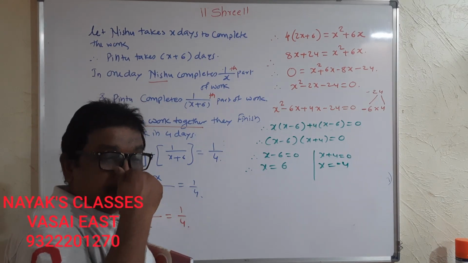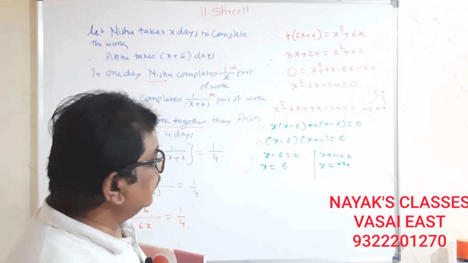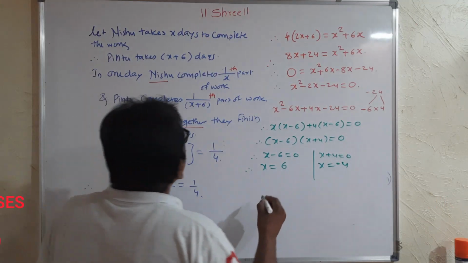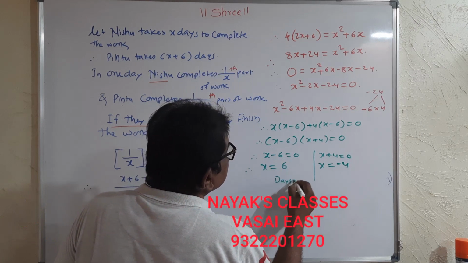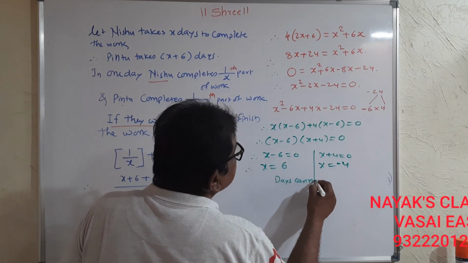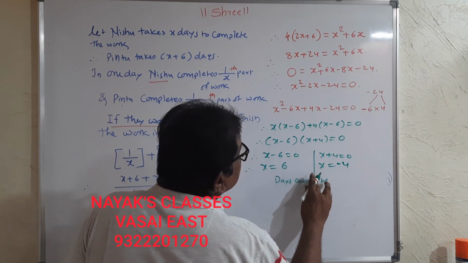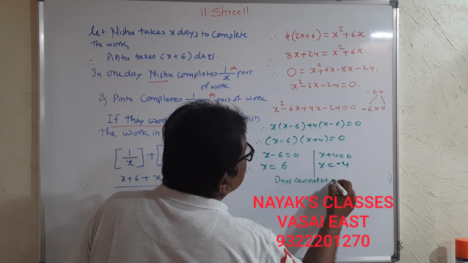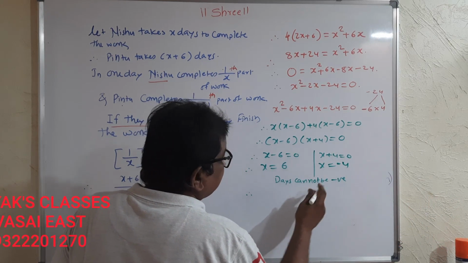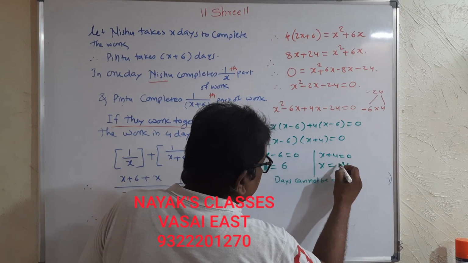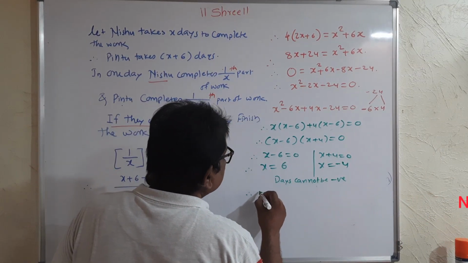So, how can time be negative, days negative? Days cannot be negative. Therefore, accepting x is equal to 6.